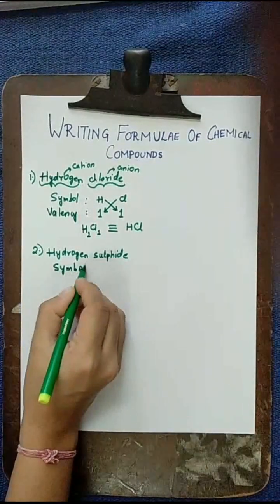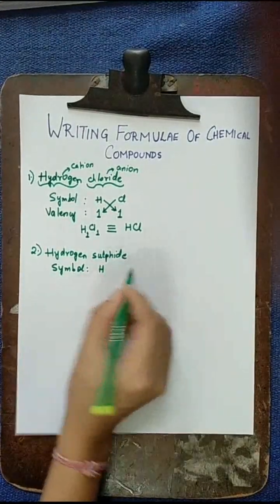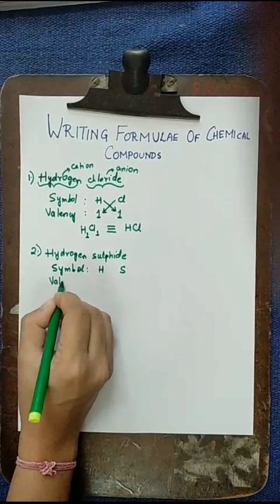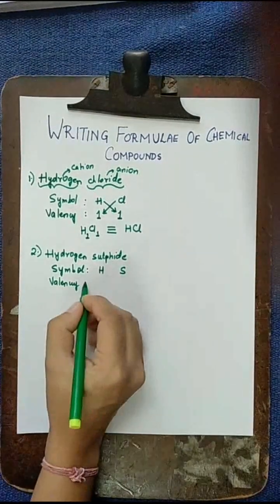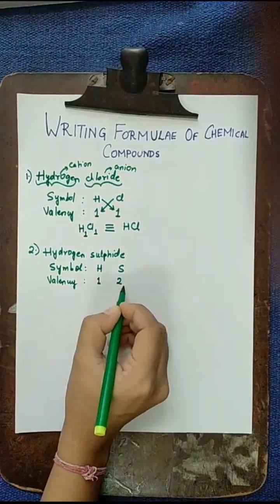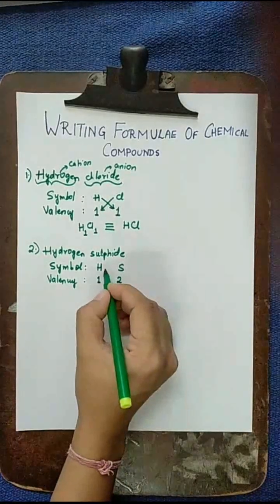So the first step is to write the symbol. Hydrogen being H, sulfide, that is sulfur, being S. The valency of hydrogen being 1, sulfur being 2. The next step is to crossover.